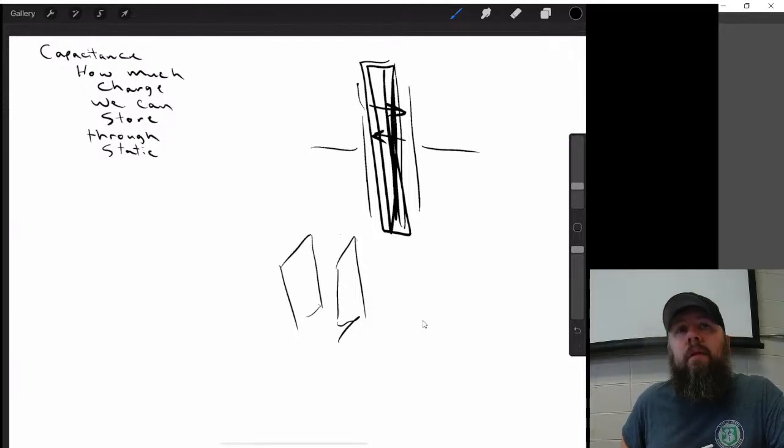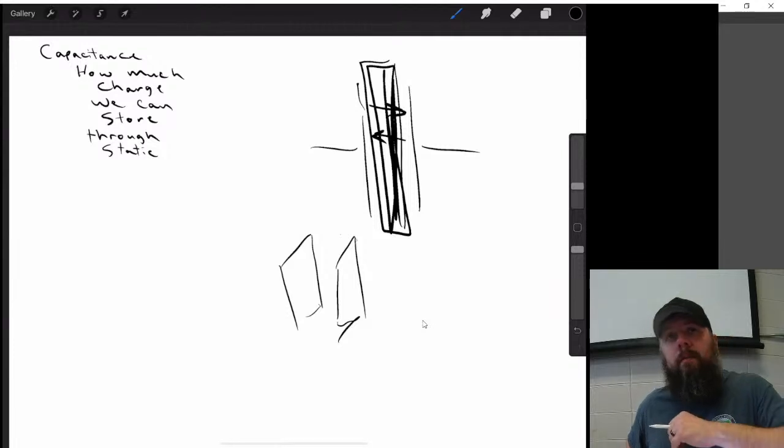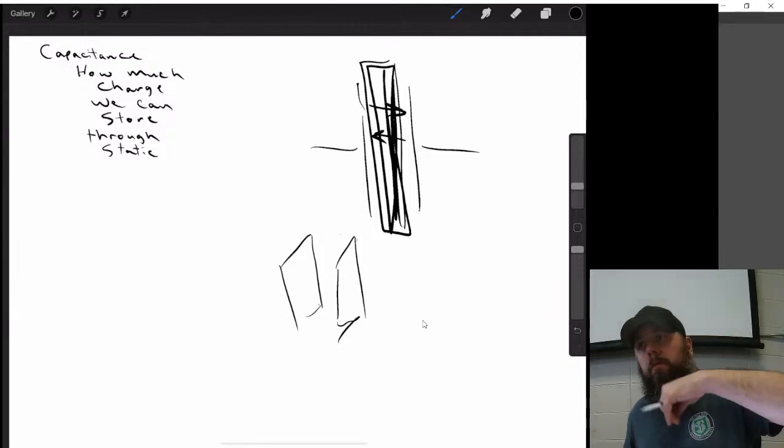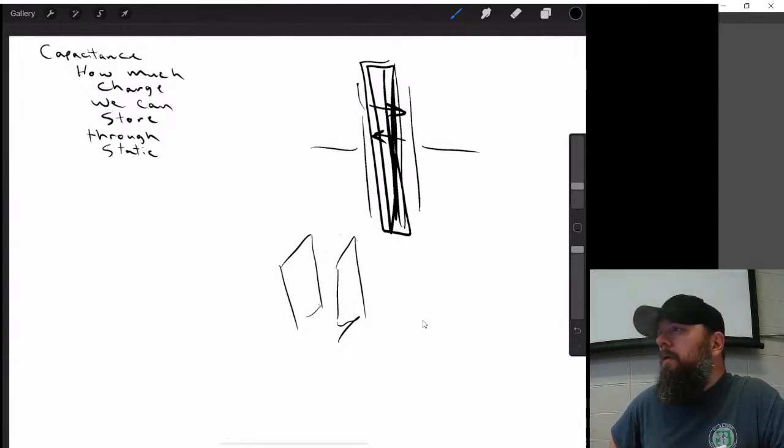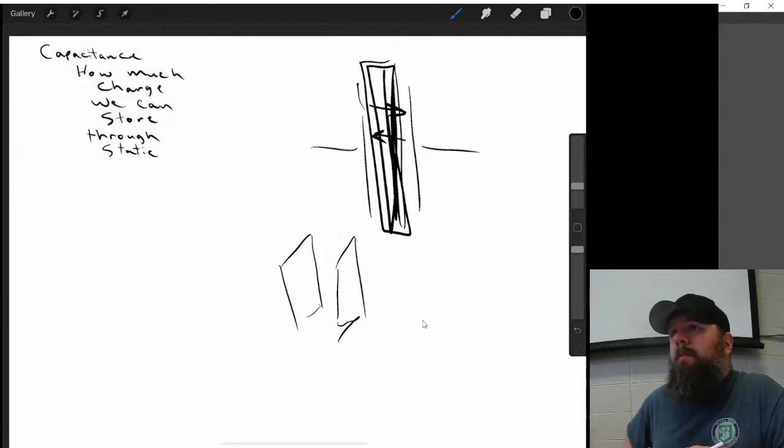Most of the time, a lot of the capacitors you'll use will be flat, but we'll put a piece of wax paper, old impregnated paper, and we'll roll it up like a fruit roll up. I showed this class opening up a capacitor, haven't I? So the strength of the dielectric is going to make it harder for electrons to get across there.